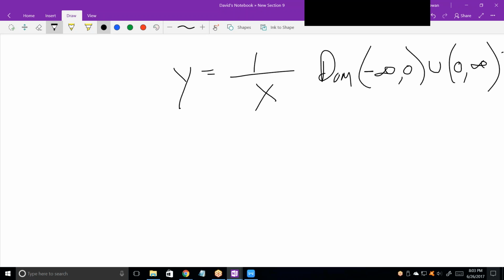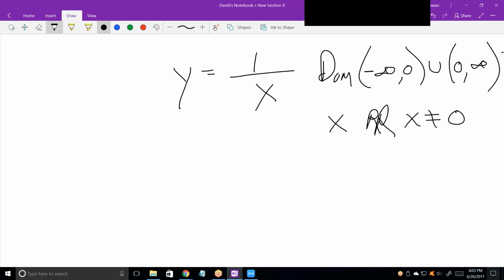In other words, I could also write that as x is a member of all reals except x cannot be equal to 0. It's another way to write it. You see why both of those answers are the same?